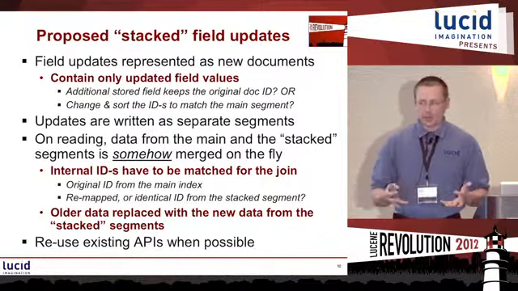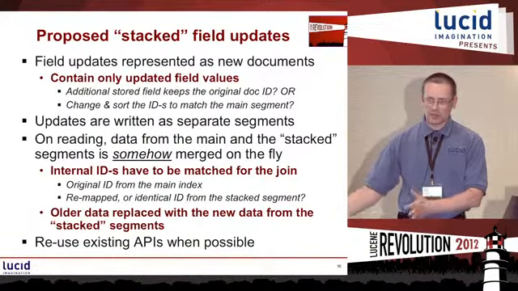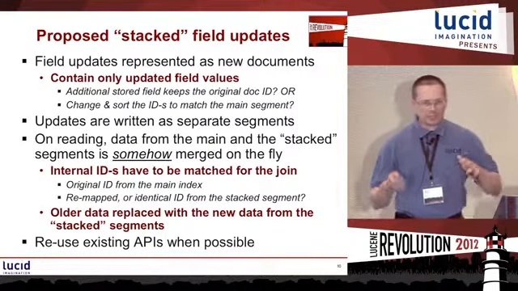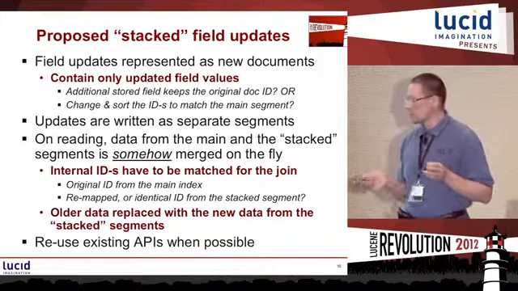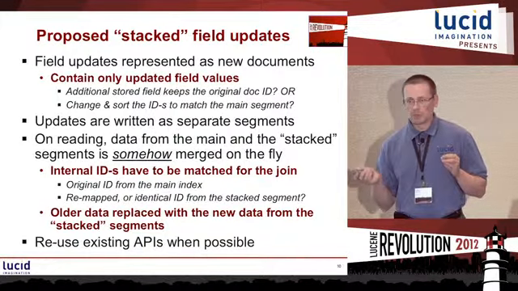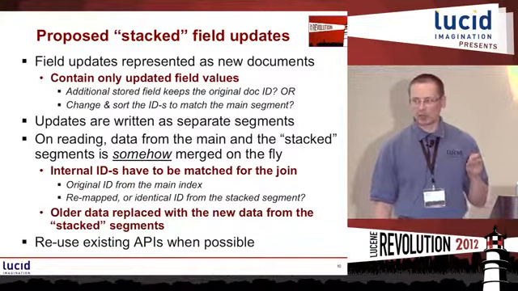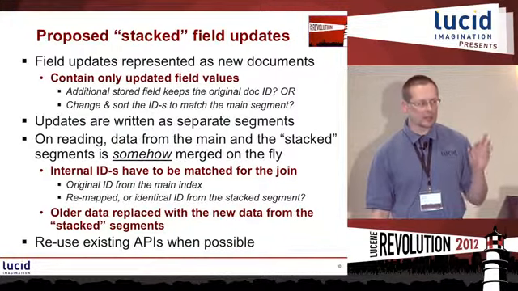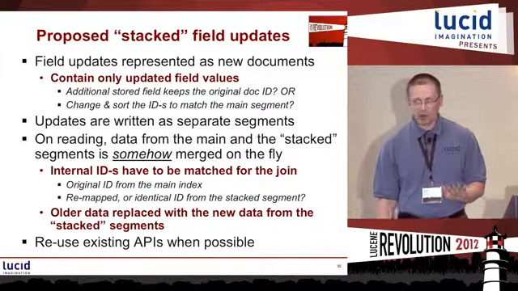And somehow then, I would merge this data from the updates segment with the main segment. So you see, I tried to deal with familiar concepts, and that's actually one of the major goals of this proposal. I wanted to reuse as much of the concepts, models, and existing code as possible. As I said, I'm not ready to rewrite Lucene.